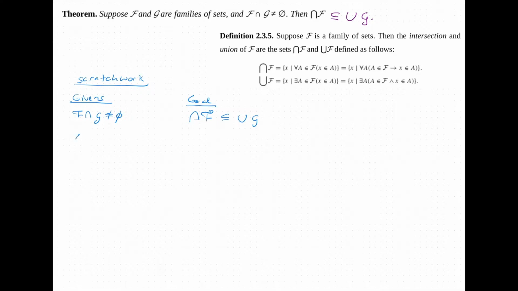So we can rewrite that as some x in the intersection of the families of sets in F, and then show that that x is in the union of the sets in G.